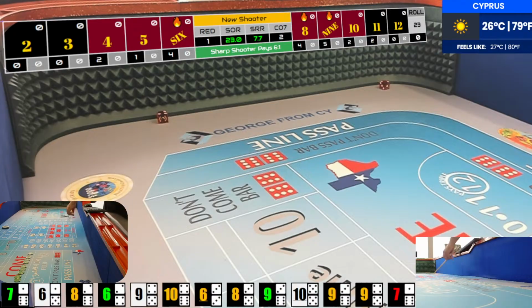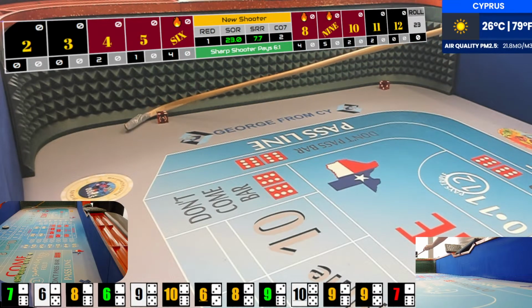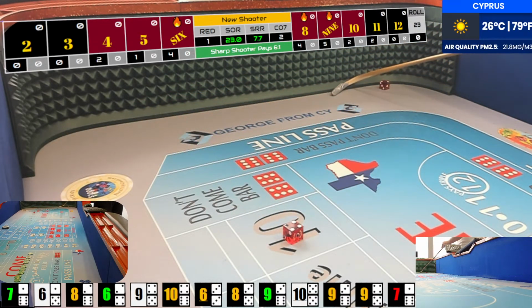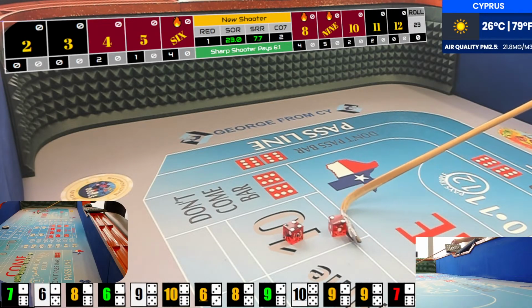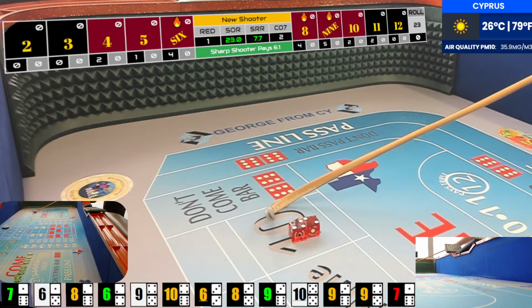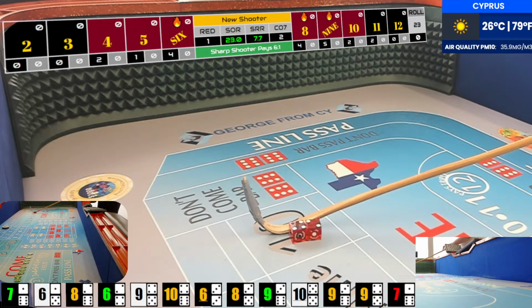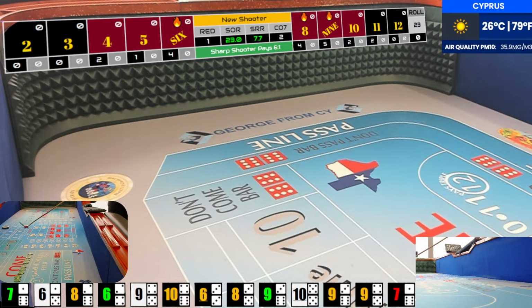For 2, that's explosion of both dice. We're on the 6.